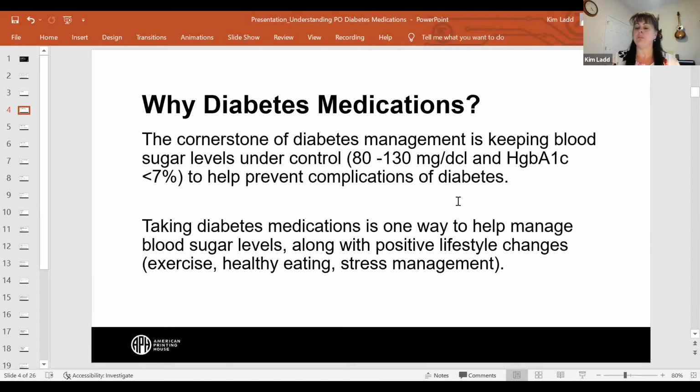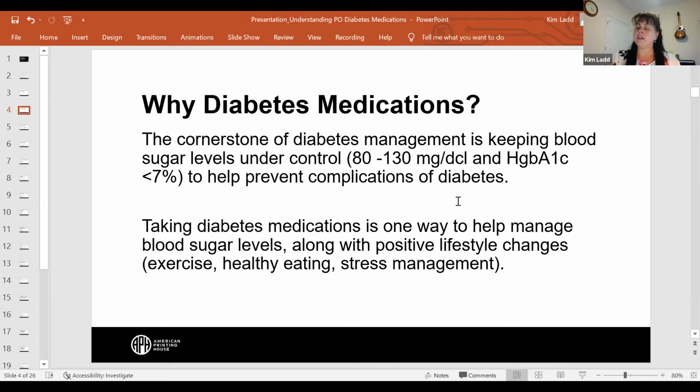You want that level to be below 7%. Studies and research have shown that if you keep your hemoglobin A1C below 7, you can prevent getting complications of diabetes. And that shows you that your diabetes is well controlled.